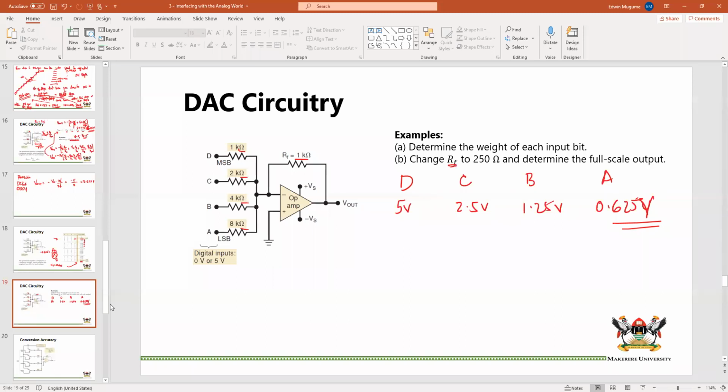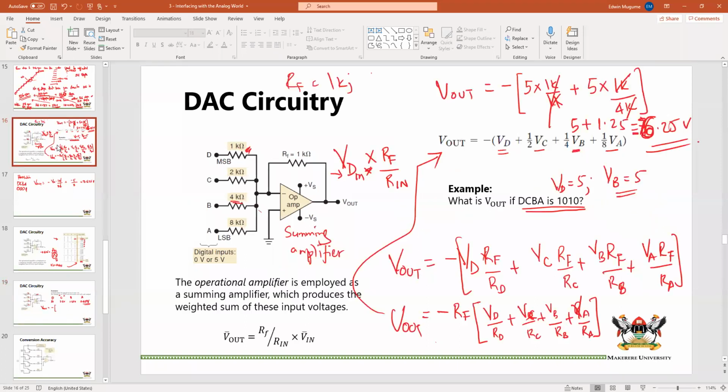Now, if we changed RF to 250 ohms, what happens? If we come back to this example, VD would have been 1K over 1K, but now it is 250 ohms over 1K, meaning we are going to have a quarter.